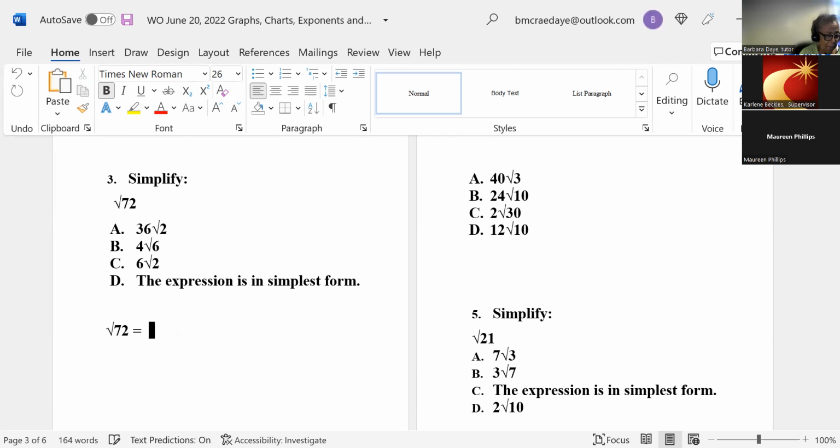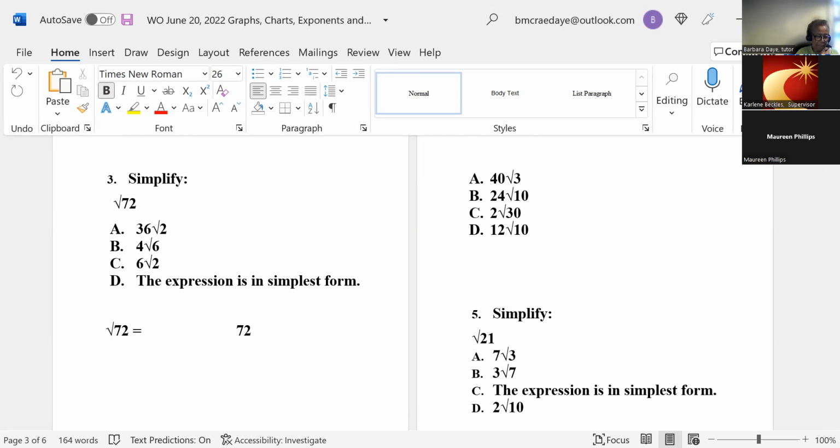Okay, let's go back. Now, let's just take 72. Give me 2 factors of 72 where 1 is a perfect square.